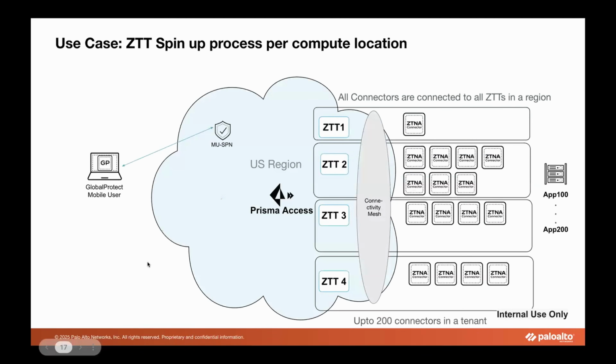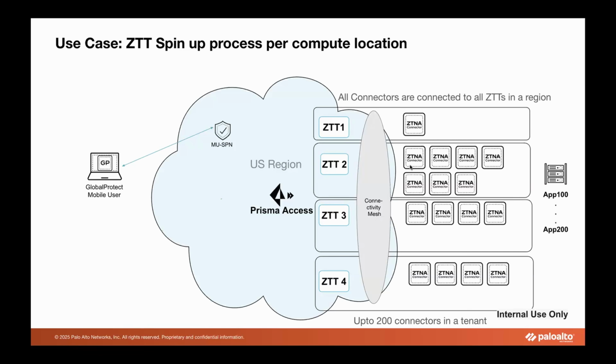Now, moving forward, just wanted to talk to you about the ZTNA tunnel terminator spin-up process per compute location. All connectors are connected to all ZTTs in a region as shown before. So when one ZTNA connector is deployed in a particular region, let's take an example of, let's say, US region, one ZTT will automatically spin up in the backend.